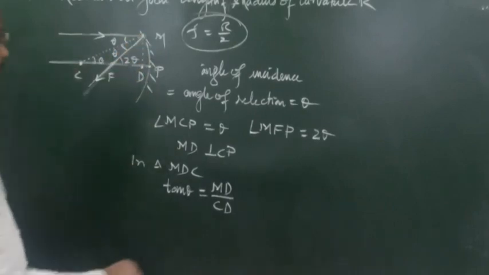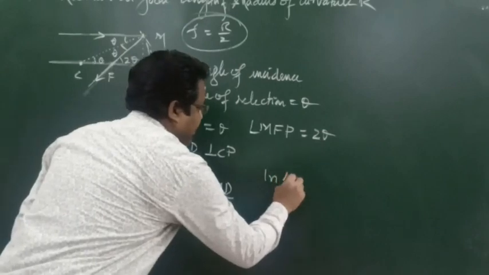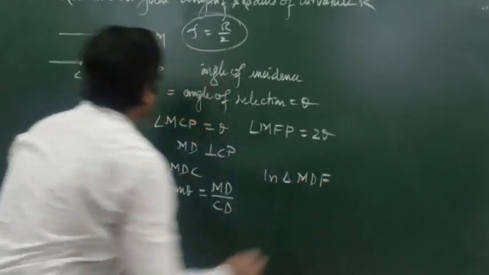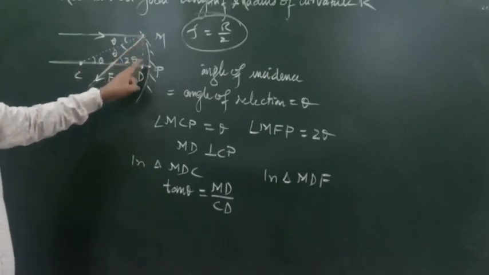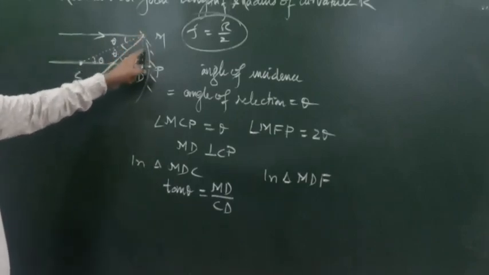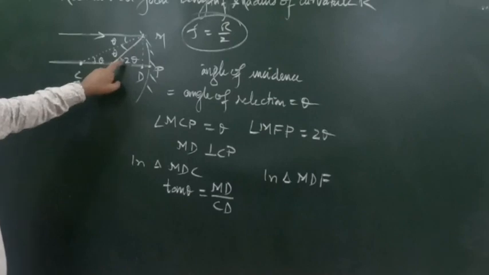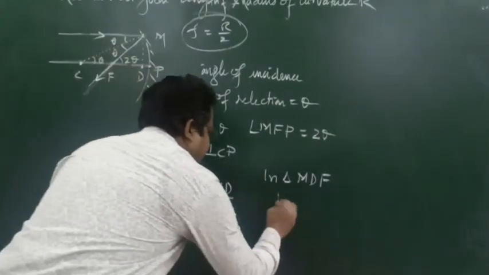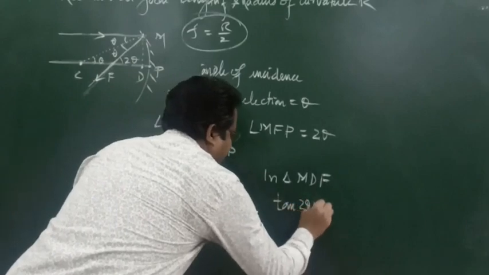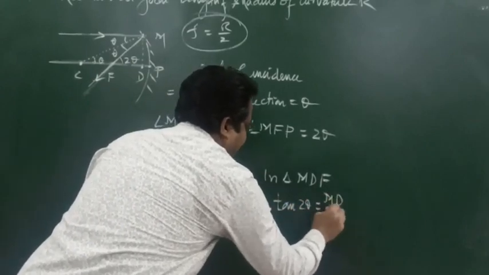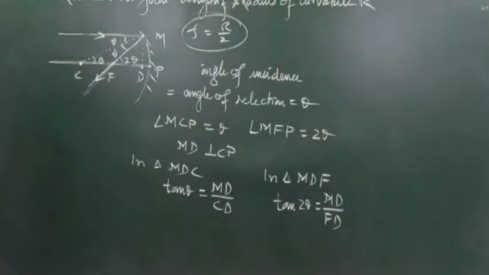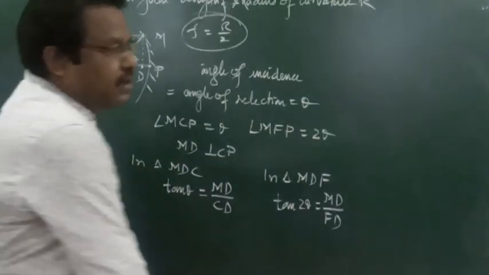In the same way, in triangle MDF, tan 2 theta will be equal to MD upon FD.